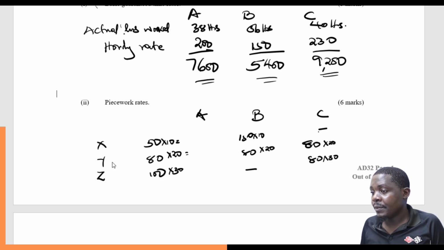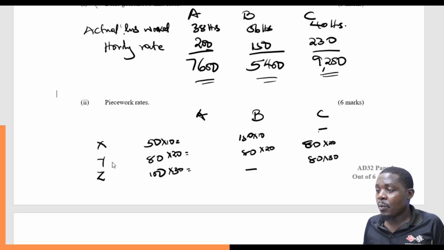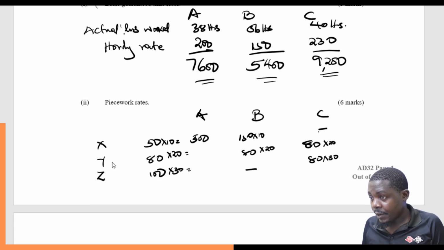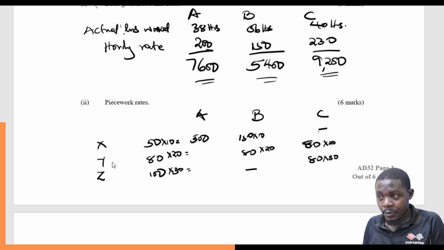Then we want to get the number of minutes each one of them worked. 50 multiplied by 10, we get 500. Then 80 multiplied by 20, we have 1600.